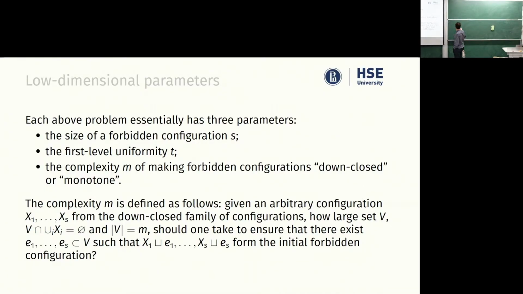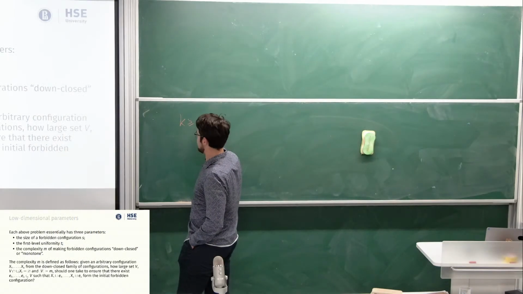When I said that the extremal family avoids some down-closed family of forbidden configurations, that can be done assuming k is larger than something.